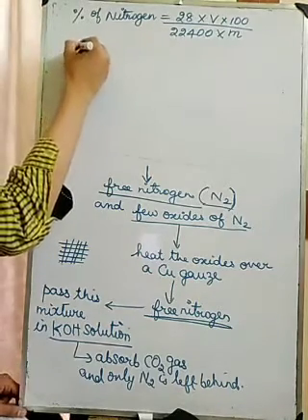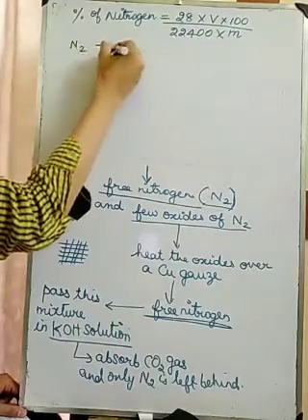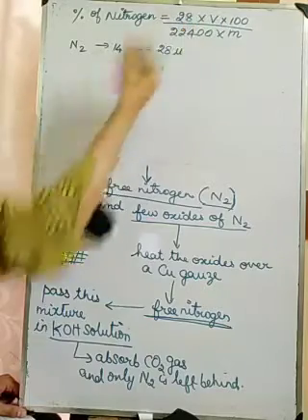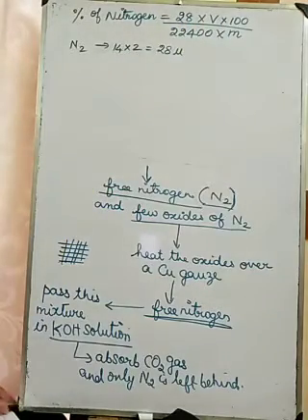N2, the mass of nitrogen is 14 into 2, so 28 units. V is the volume of the gas which is collected.